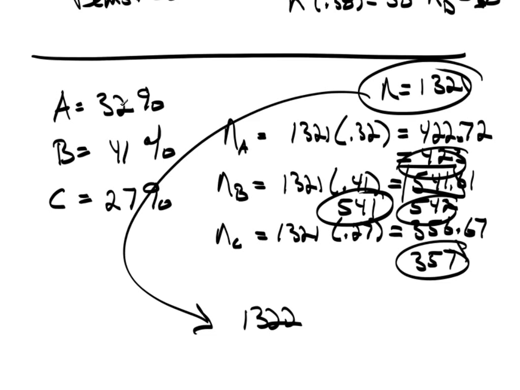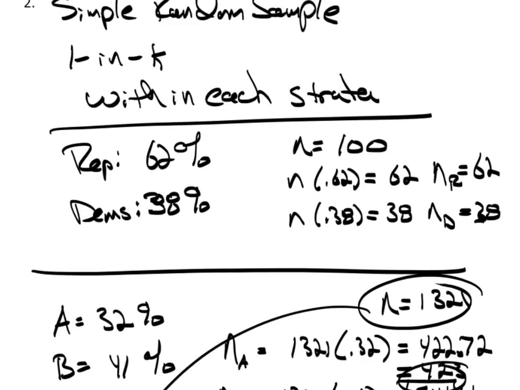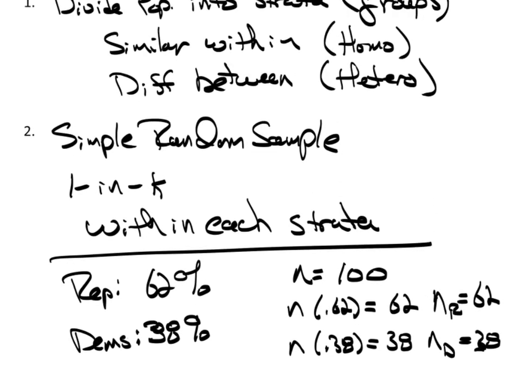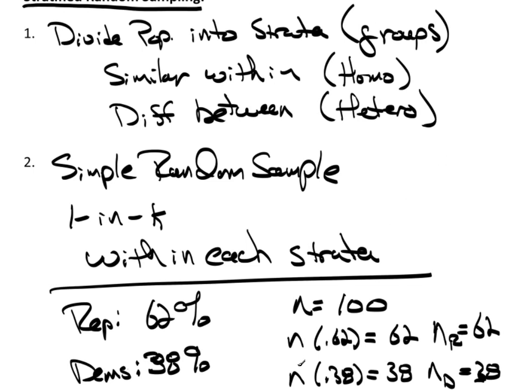So now that I have these sample sizes, I would simply go to these groups that I've already broken up and take the sample. Now, one thing I want to go back to is the idea of homogeneous and heterogeneous. These are similar within and different between. If I'm talking about these political parties, Republicans, in terms of political events, think more alike.